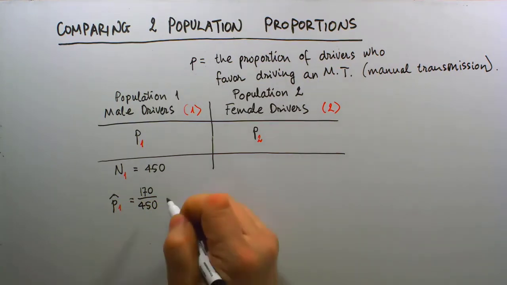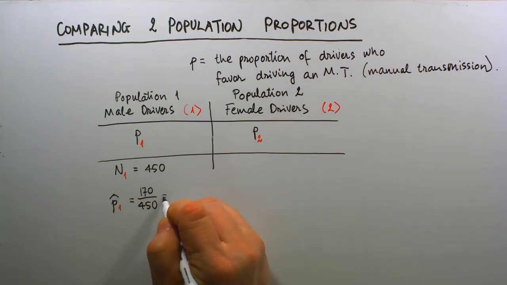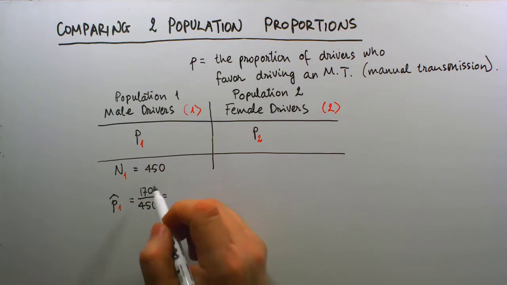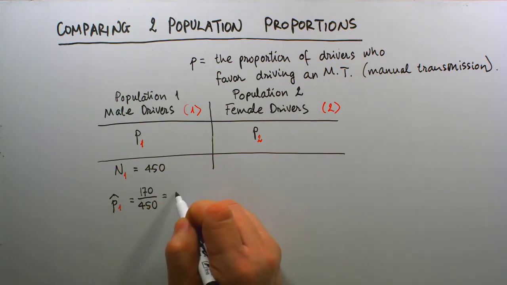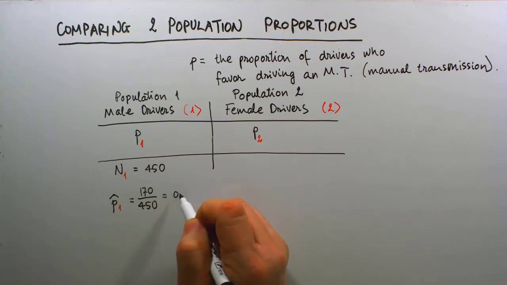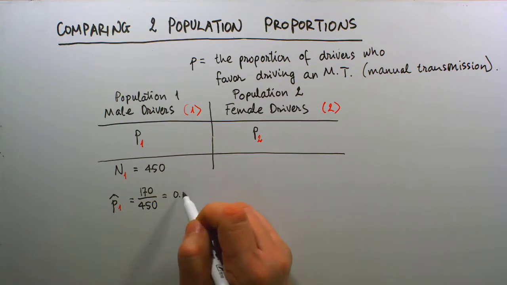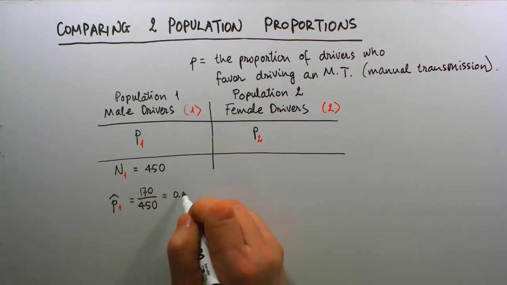And so with a quick calculation, my value for p hat 1 here is, and usually for any proportion values, including sample proportion values like this, I am going to round to 4 decimal places. But I leave that for viewers and my students to watch for any rounding requirements for proportions and sample proportions in various problems.